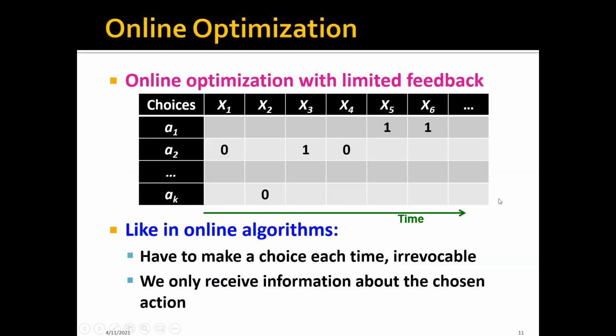Now, more concretely, let's look at this example on online optimization. You can see that in the first round, the algorithm will pick the second arm, A2, and it will flip a coin, and it turns out you lose, and you get a reward of 0. In the second round, the algorithm takes the k-th arm and flips a coin.